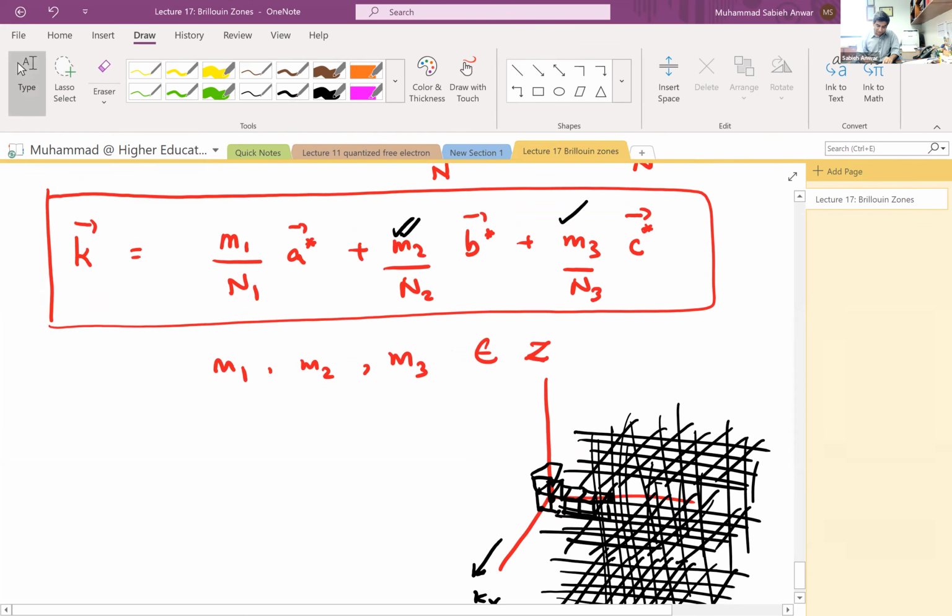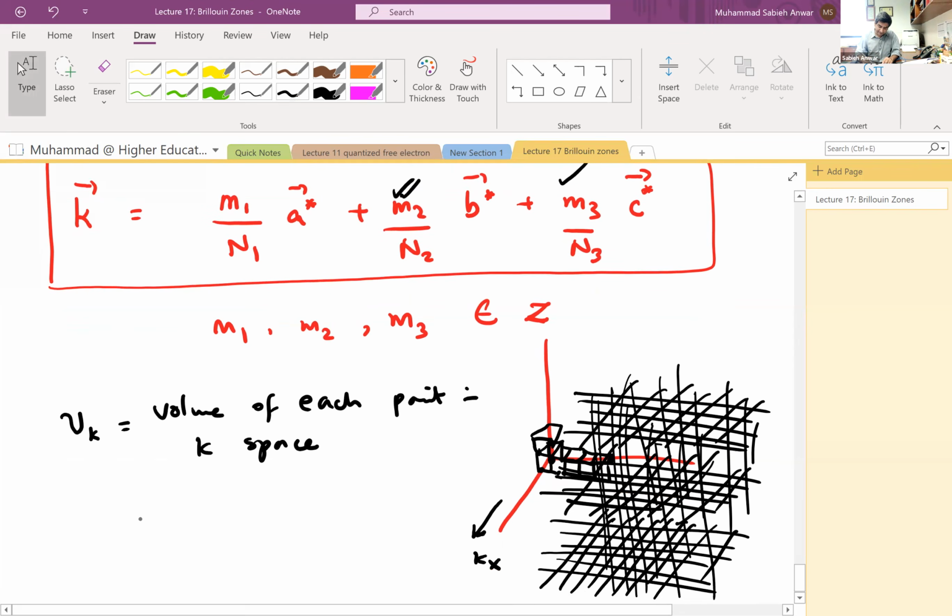So what is that volume going to be equal to? Let's call that the volume of each point in k space. That is going to be equal to this length of this reciprocal lattice vector, this reciprocal lattice vector, this reciprocal lattice vector.